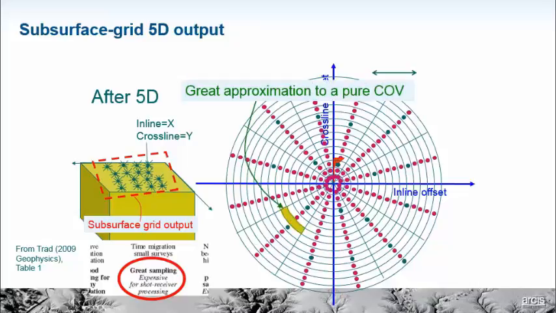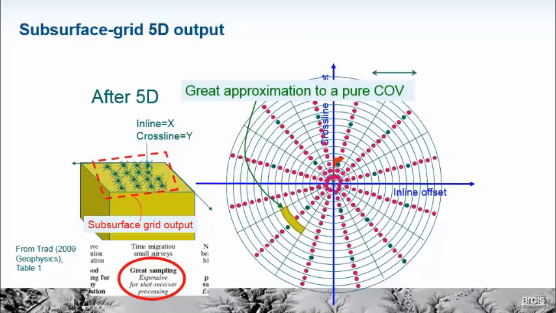It turns out that if you look at any one of these particular little wedges, like this one in yellow, where the offset and azimuth is very well localized, that's a great approximation to what I would call a pure common offset vector, COV, or equivalently a pure common offset and azimuth. So if you look not just at one CMP now, but the totality of all the CMPs for this fixed COV, it's this volume that migration theory tells us migration loves.